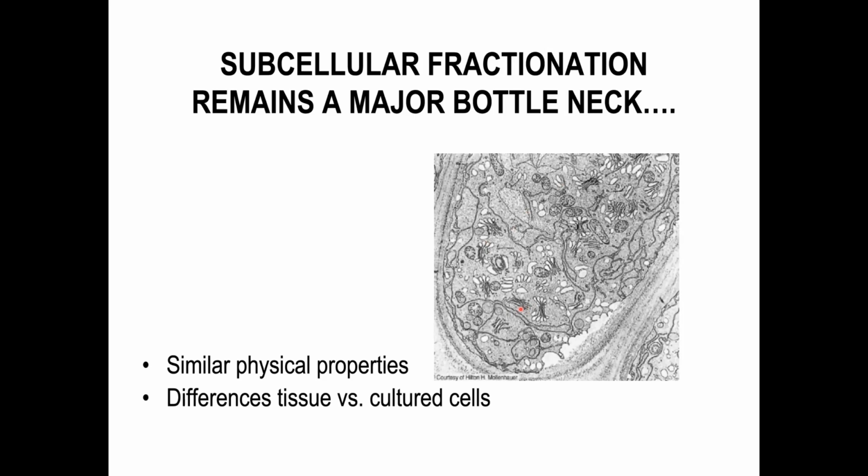And there are, of course, differences between tissue culture cells and real tissues. Just to explain before we start looking into more detail, it's very surprising, but it's a fact that it is much easier to isolate organelles out of tissue than out of tissue culture cells. And there is a reason for that that I will explain a bit later.